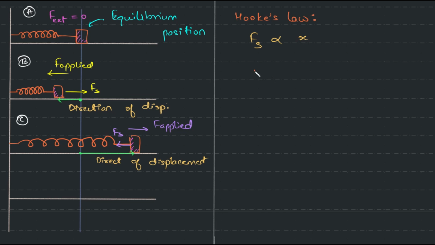When I remove the proportionality symbol, I need to consider a proportionality constant, and we need to consider the negative sign. So the negative sign indicates that the direction of the force is always opposite to the direction of the displacement.